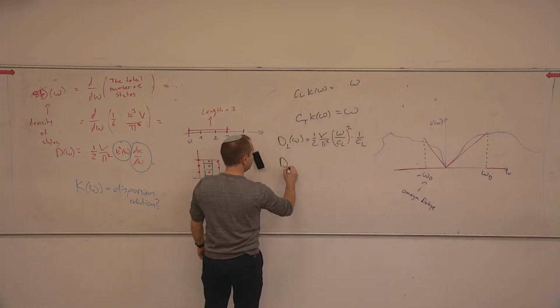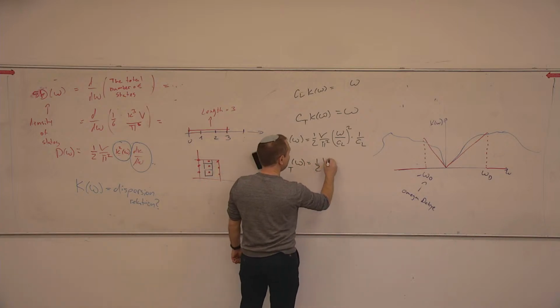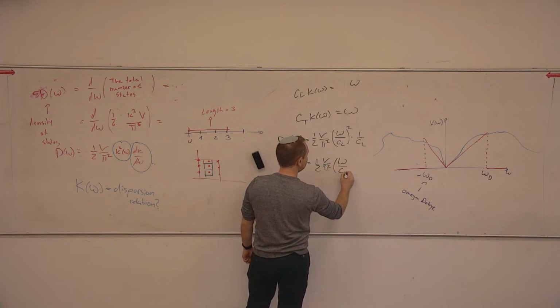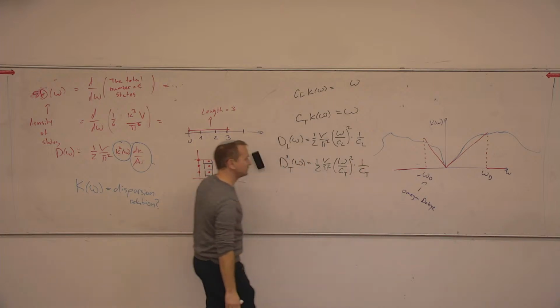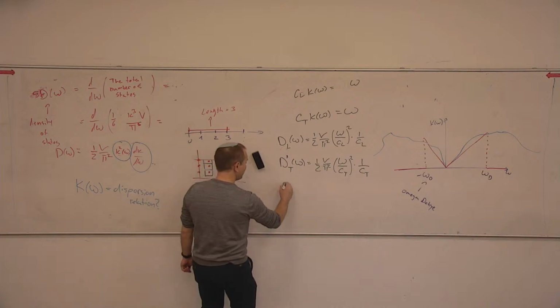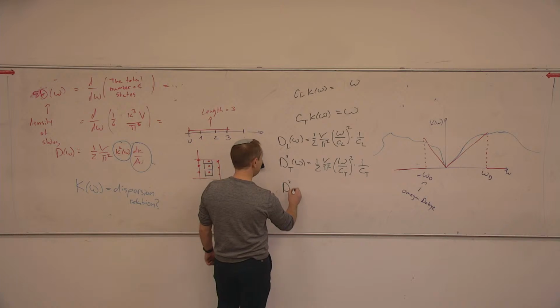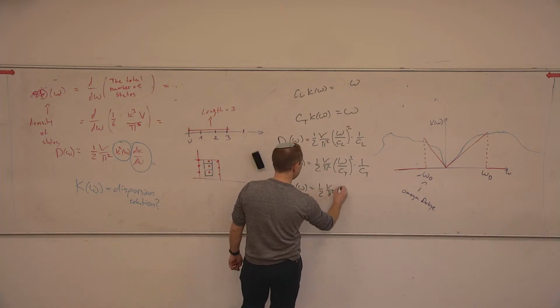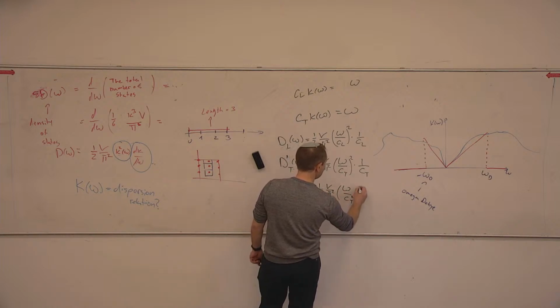I have d transversal, let's call it 1. It is 1/2 V divided by pi squared, omega divided by c_T squared, multiplied by 1 over c_T. And I have the third type, the second type of the transversal waves, d_T2 of omega. It is 1/2 V divided by pi squared, omega divided by c_T squared, times 1 over c_T.